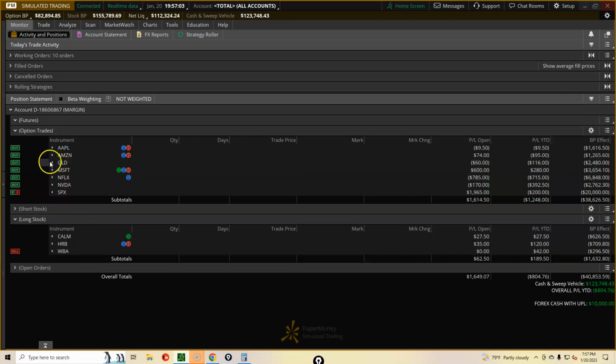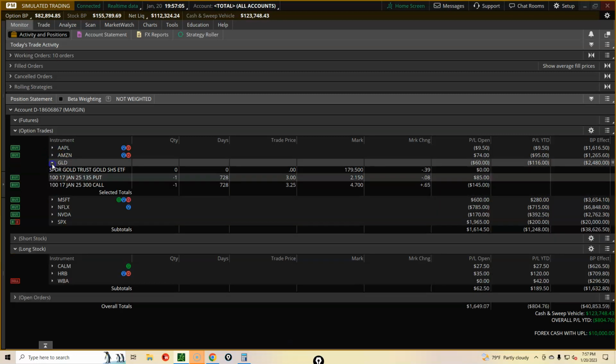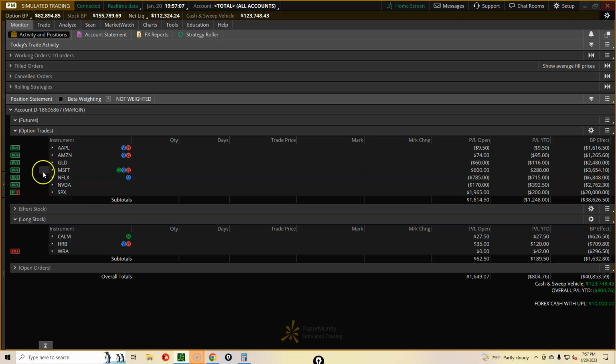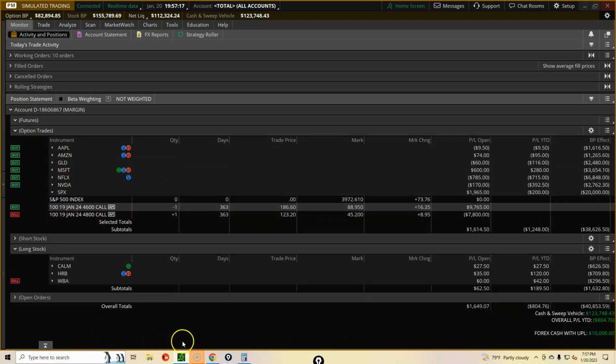We talked about maintenance on the strangle, in case I might need to put some maintenance on the strangle. Maybe at some time I might need to put some maintenance on these, not really so much on this one. Right now, this is a call credit spread. That means I have shorted a call and I bought a call.